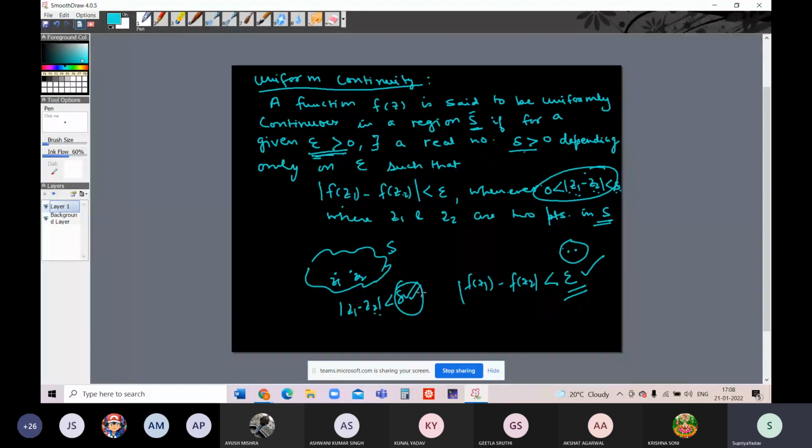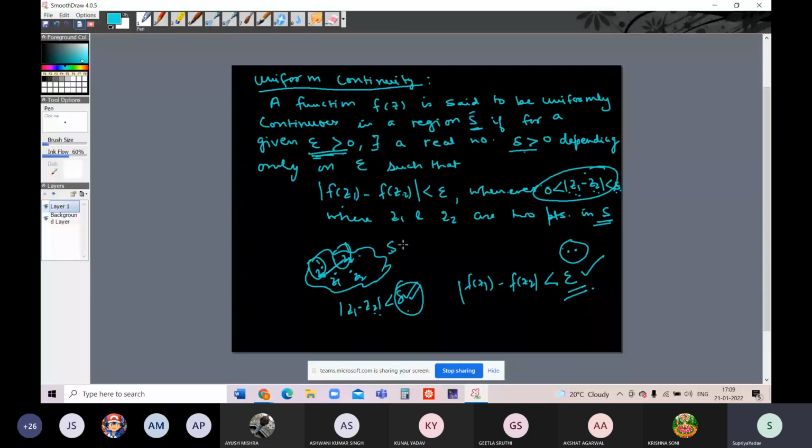It says that we can choose any z1, z2, or z1 dash and z2 dash in this region. If the distance between z1 dash and z2 dash is also less than delta, then again the difference between their images is also less than epsilon. So this concept is called uniform continuity.